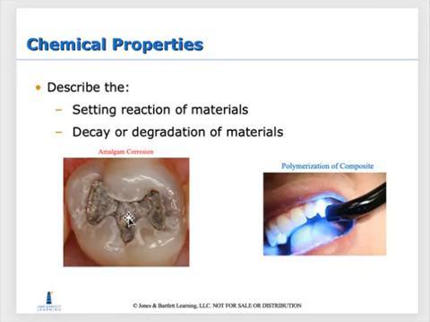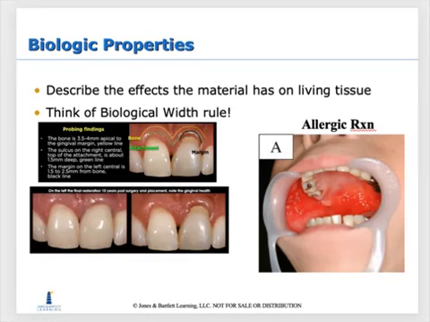Over time, amalgam can actually corrode, and you can see some of the corrosion around the edges that are a little bit dark right there. And then we have our biologic properties. This helps us understand how a material is going to affect living tissue, mucosa, tooth structure, everything in between.